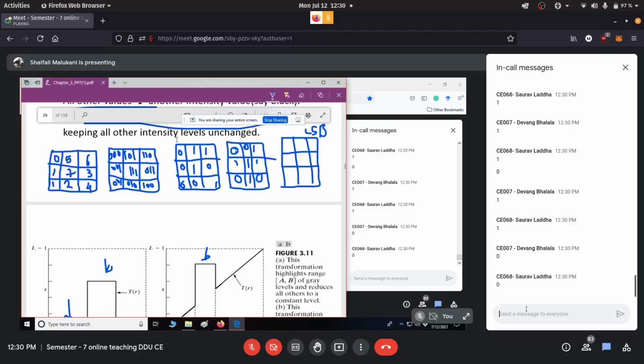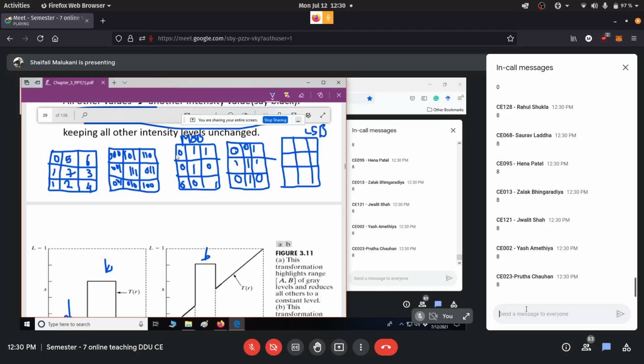So if it is an 8-bit image, how many bit planes are created? Each bit will have 1 bit plane. What will be the size of the bit plane?